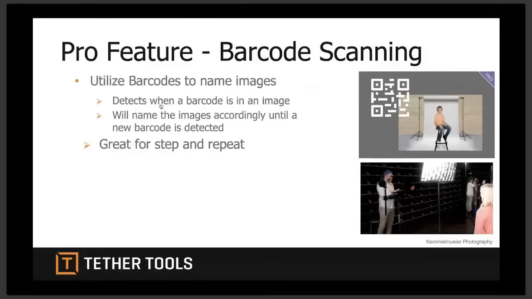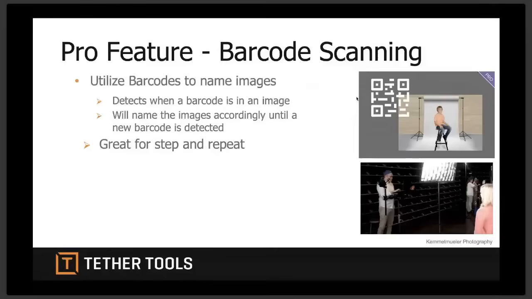Basically, Smart Shooter will recognize an image that has a barcode in it. And it could be a 2D barcode like the one you see in the upper right corner here. It could be a UPC. It could be any kind of the 8 different standard barcode formats. That barcode has data in it. Typically with a UPC like you find on your packaged products, that barcode represents just a series of numbers.